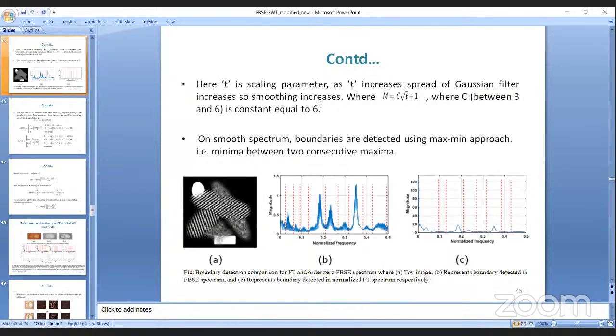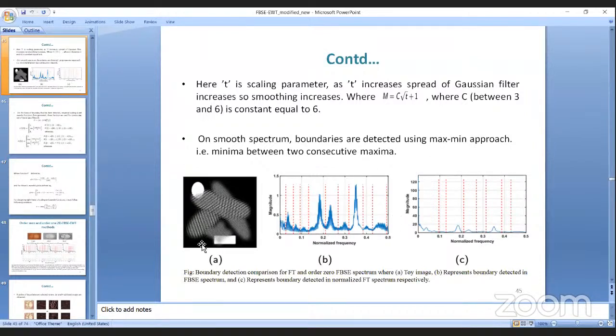Once you have done this smoothing, there is a parameter C between 3 and 6, where m equals C under T plus 1, and this constant equals 6. In the smoothed spectrum, the boundaries are detected using the maxima-minima approach, taking the minima between two consecutive maxima.